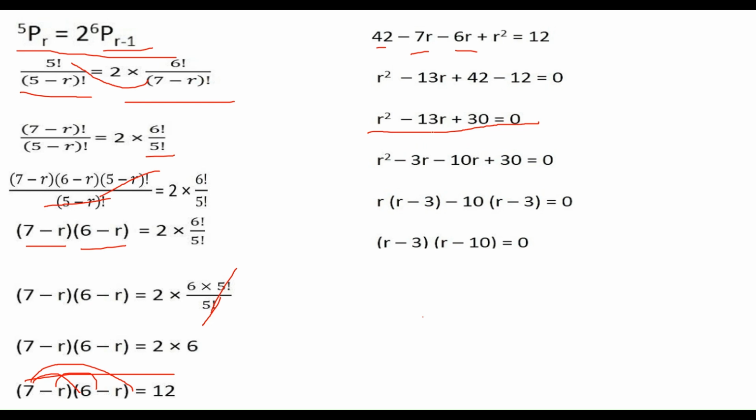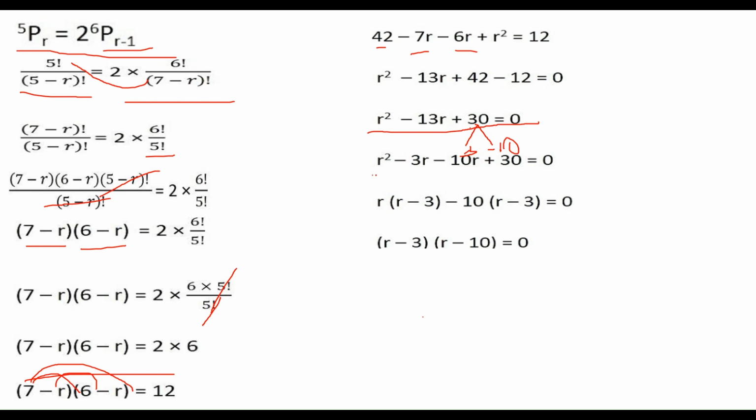Again, we will split this equation. What are the factors of 30? We will take 3 tens are 30. So minus 3r minus 10r is nothing but minus 13r. Add and put the same sign, so we will take minus 3 minus 10. So r square is r into r.